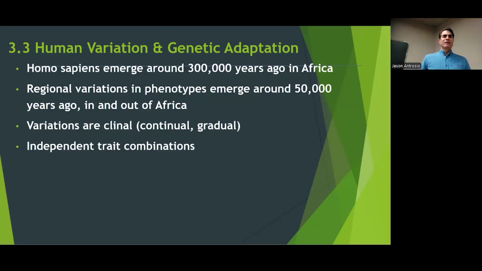We also saw in the last class that these traits combine independently. And this is one of the great advancements of Mendelian genetics, and that's why we do those Punnett squares and talk about dominant and recessive, because they are not packaged or linked together. You don't get all those traits as a child as one complete package from your parents.